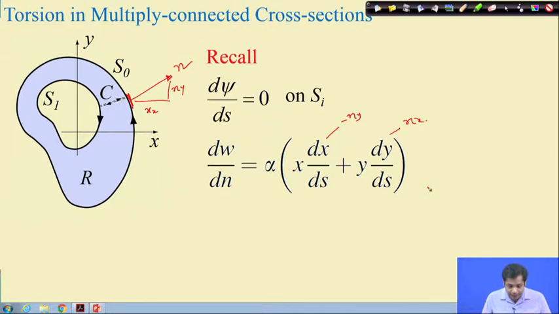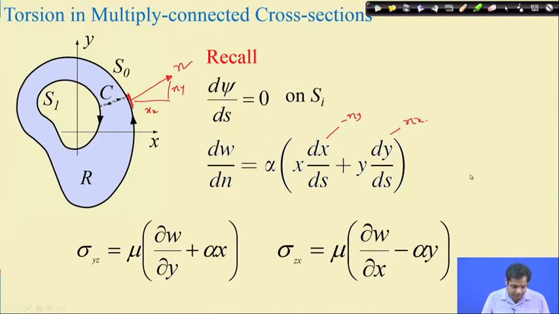Okay. And then we also have, if you recall, the relation between the stress and the displacement as this. So, what we are going to do is use these expressions along with the additional expression for the multiply connectedness of this cross section, which ensures a unique, single-valued displacement field.